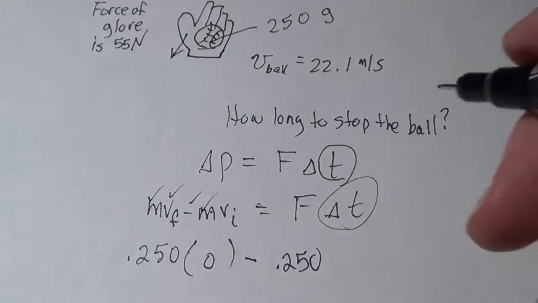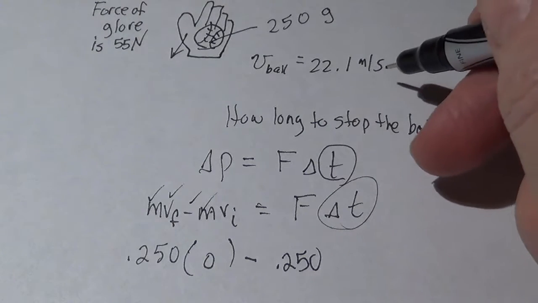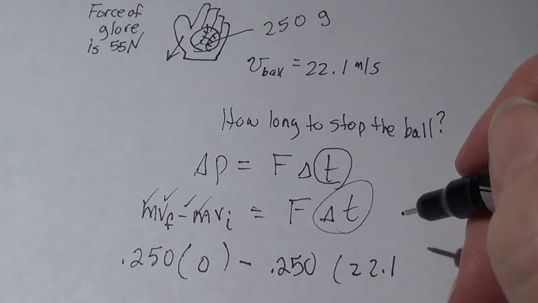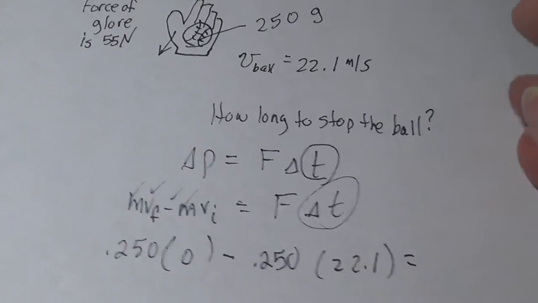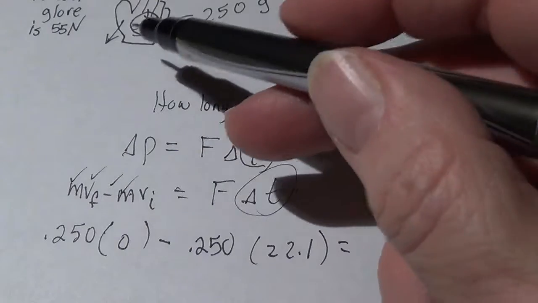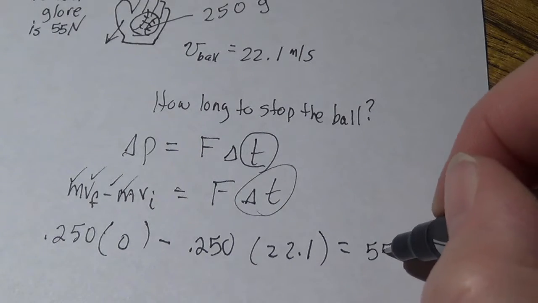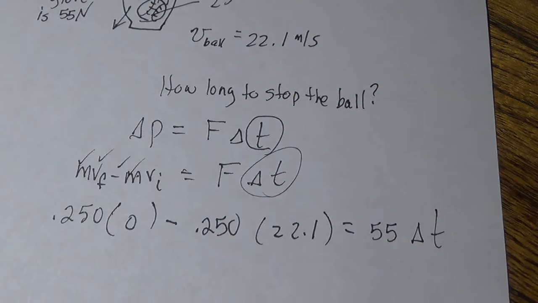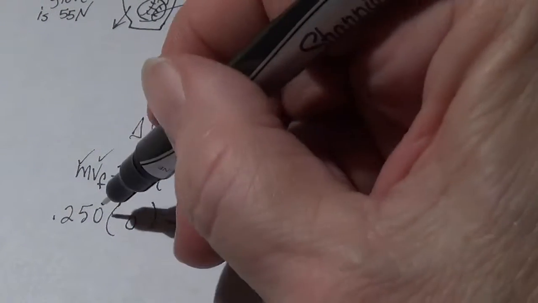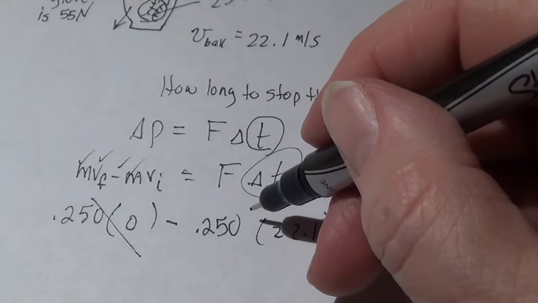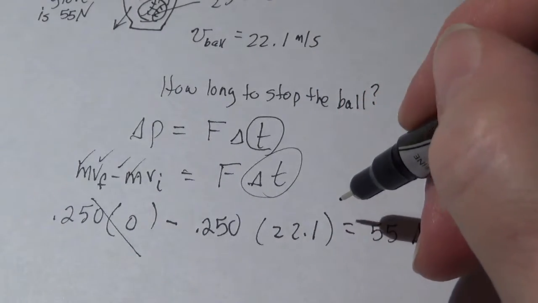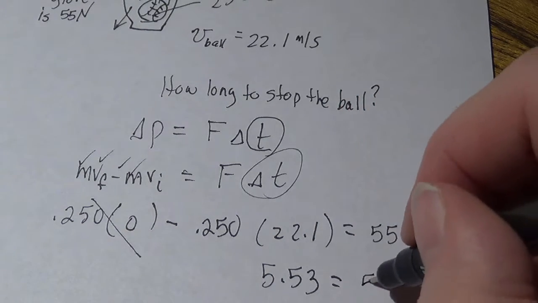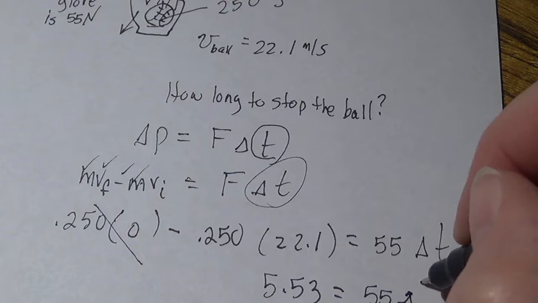So I've got that, and what's the velocity initial? Given in the problem as 22.1. Now I'm going to go over to the equal side, and it says the force that the glove exerts is 55, and find change in T. All right, so this is gone. 0.250 times 22.1 is 5.53, and that equals 55 times change in time.